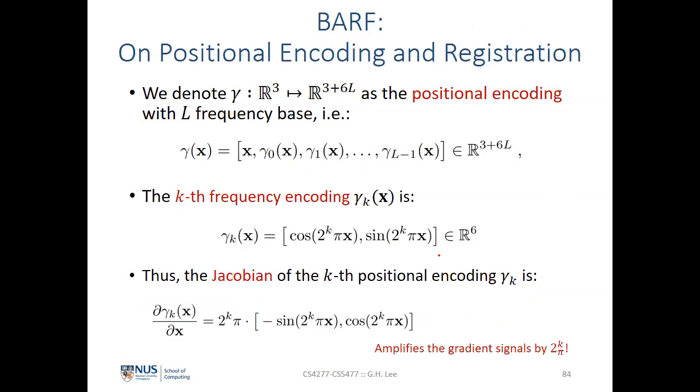But if you compute the Jacobian over the frequency encoding, you can see that the Jacobian is affected by the order of your Fourier basis. So the very high frequency part of your Fourier frequency will dominate the Jacobian.